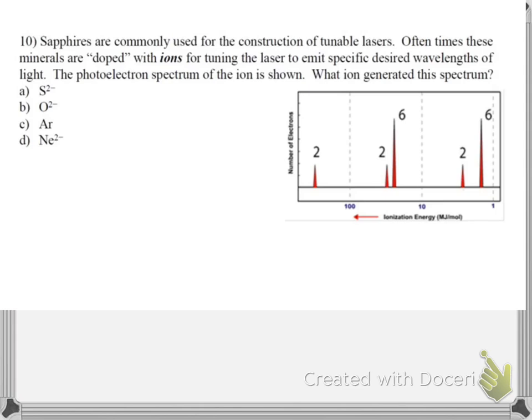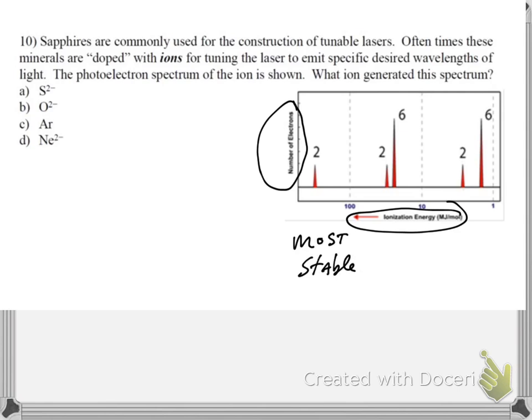Alright, so here's a photoelectron spectrum. Keep in mind the y-axis is the number of electrons, and the x-axis is a measure of how much energy is required to remove the electron, so that the most stable electrons are to the left and the least stable are to the right. The most stable here are in the inner shell, n equals 1, that's the 1s2, there's 2 electrons there.